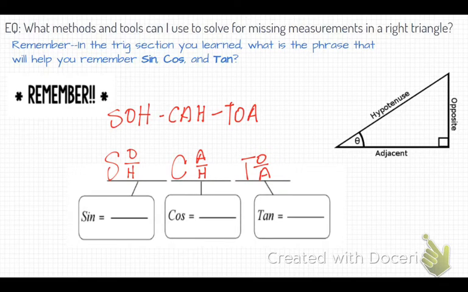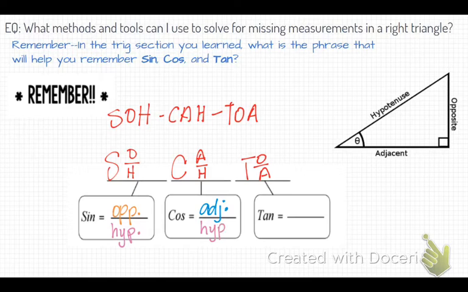Okay, so sine is opposite over hypotenuse. Cosine is adjacent over hypotenuse.